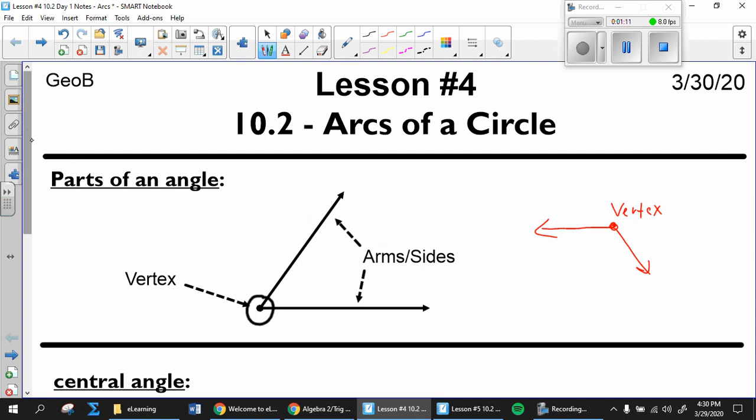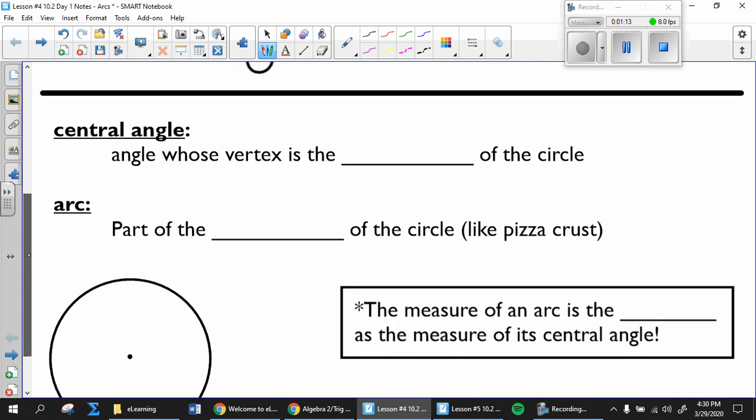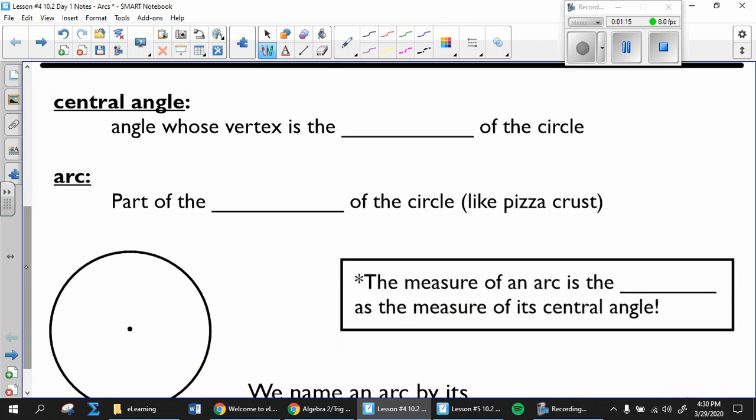So coming down here to circles, we have two different things we're talking about: a central angle, and then the arc. A central angle is a specific type of angle. Central angle means it's at the center of the circle, so it's an angle whose vertex is the center of the circle.